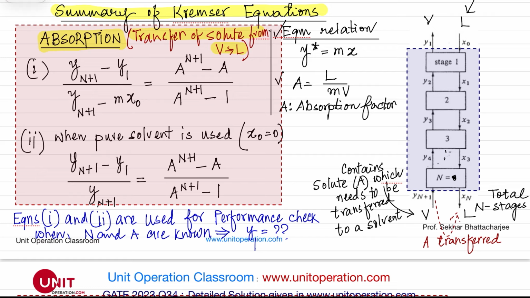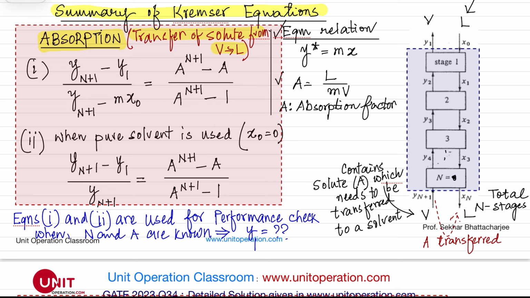Now the same equation can be written in a different form. Let's say we know the value of yn plus 1, we know the value of y1, and we know the value of x0, but we want to see how many stages are required. In these equations we already know the number of stages, we want to find out this one.